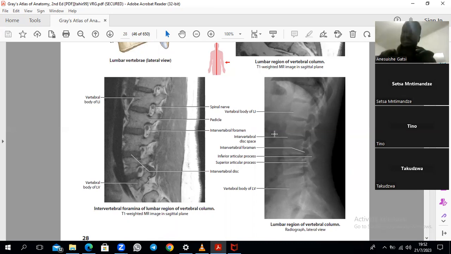Then we also have ligaments. Some of them I won't mention, but there is ligamentum flavum. It's the same as those above. Then we also have attachment for thoracolumbar fascia. If you're doing upper limb, you remember there was a muscle called latissimus dorsi, which latissimus means extensive.